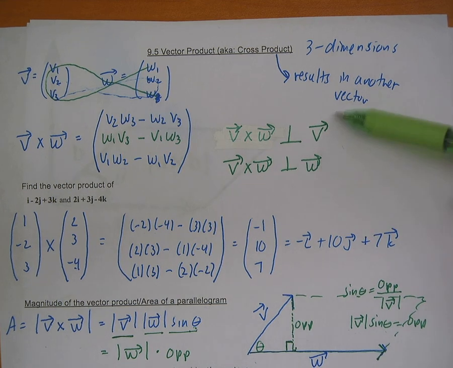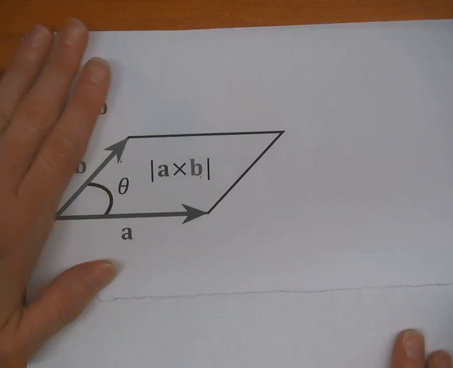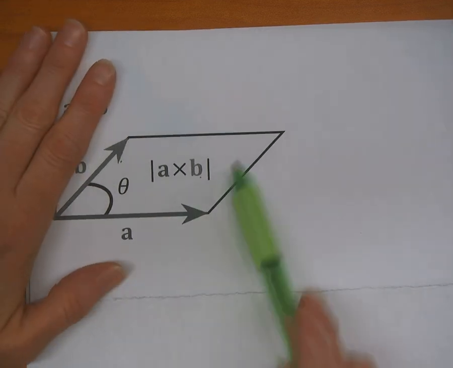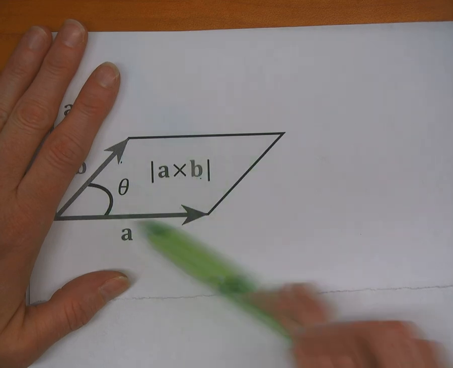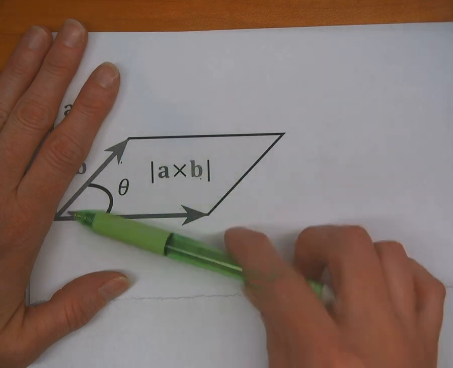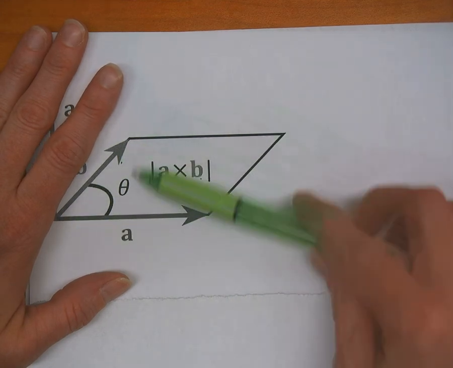If we think of where vectors A and B live, they're just in 2 dimensions right now. If you consider 2 lines, 2 vectors would create a plane.